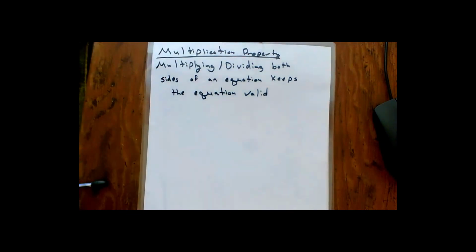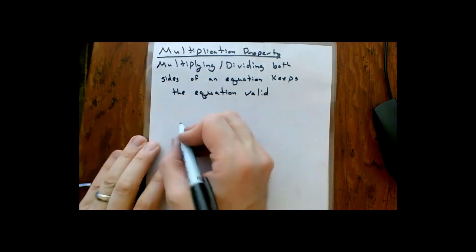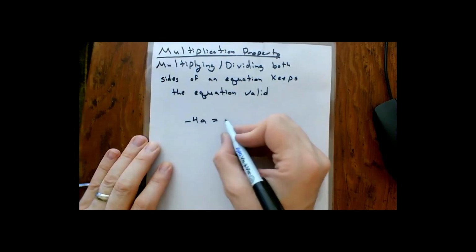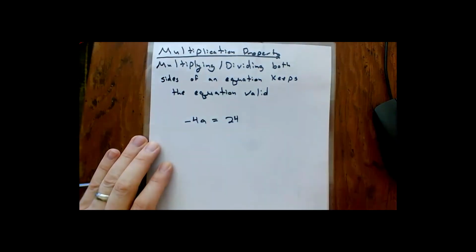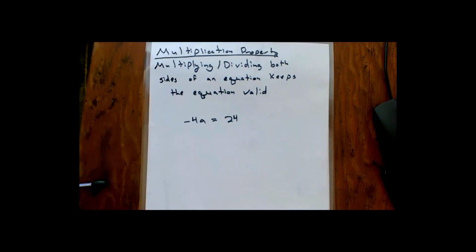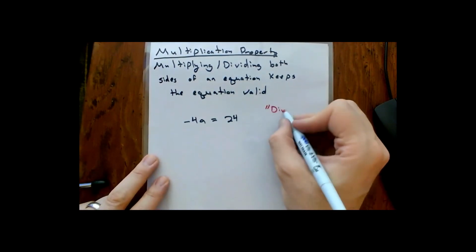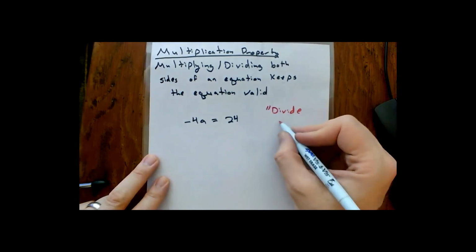So let's start off with another example. Let's say we've got negative 4a is equal to 24. What we're going to do is divide both sides.